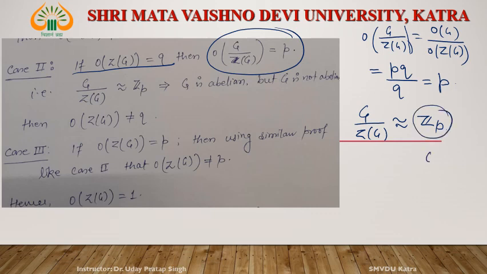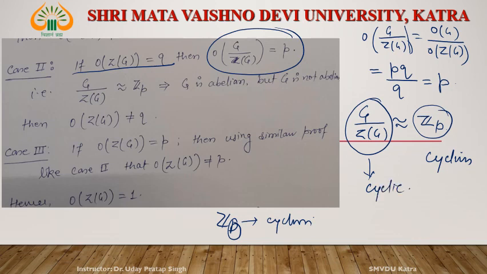Every group Zp, where p is a prime number, is always cyclic. Therefore G by Z(G) is cyclic, so G is abelian by the above theorem. But this is not possible since it is given that G is non-abelian.